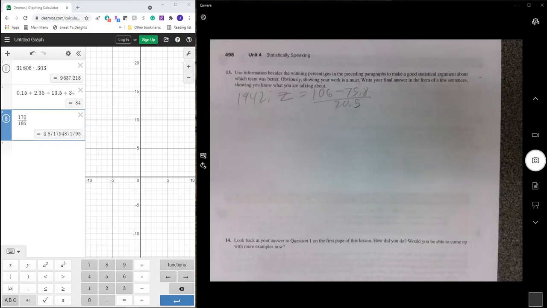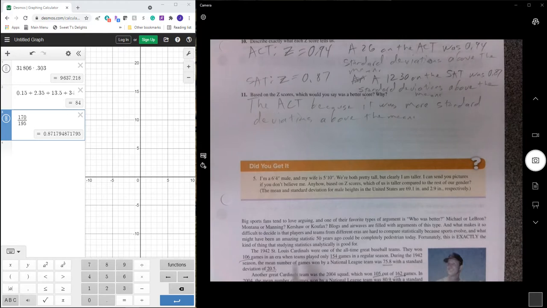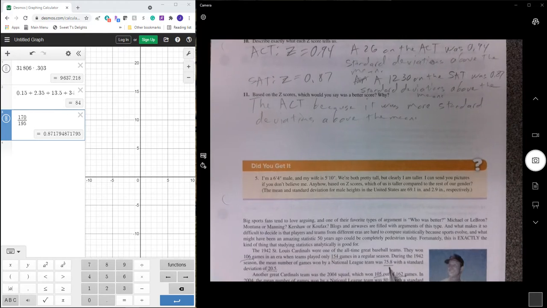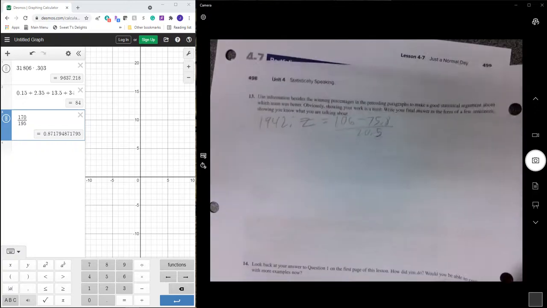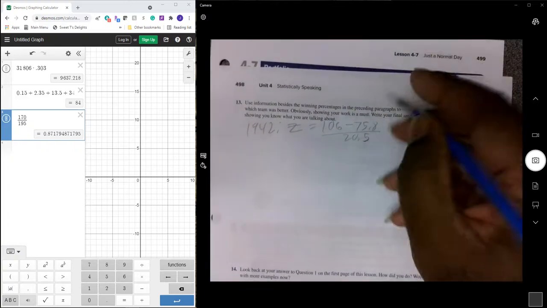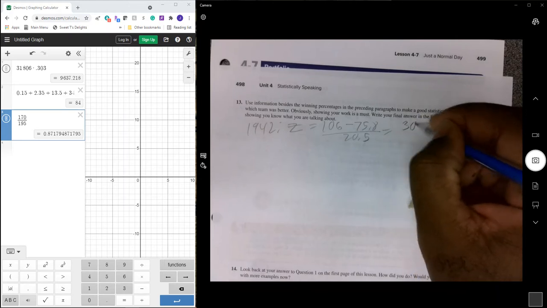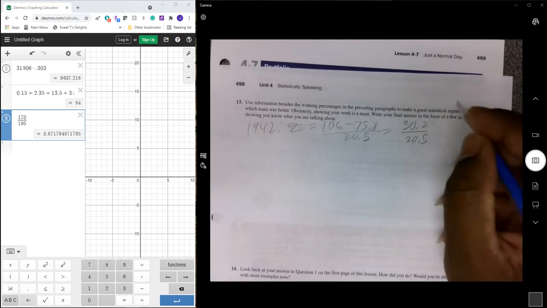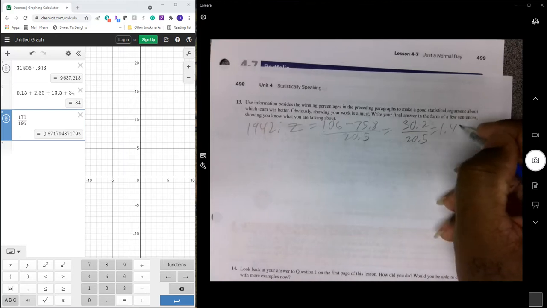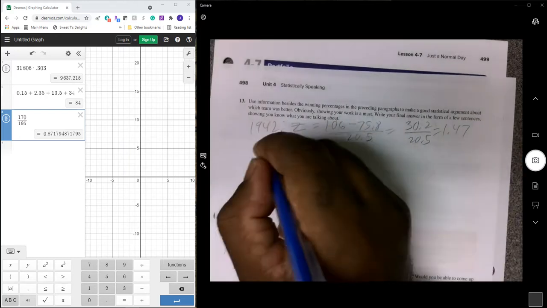If we look back here, we have our 106 games, our mean average, which was 75.8, and our standard deviation, which was 20.5. After we solve this, we have 30.2 divided by 20.5, which gives us 1.47 for our z-score.